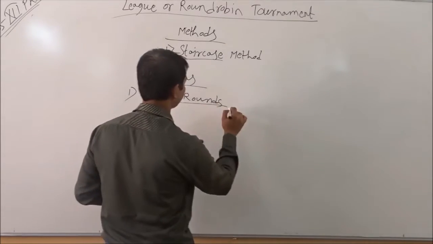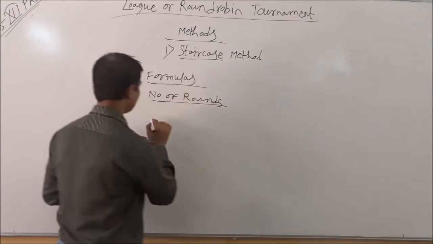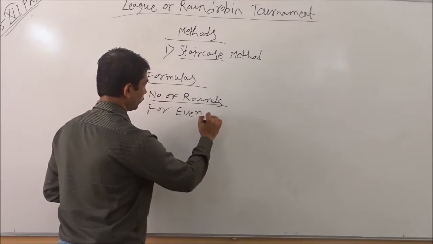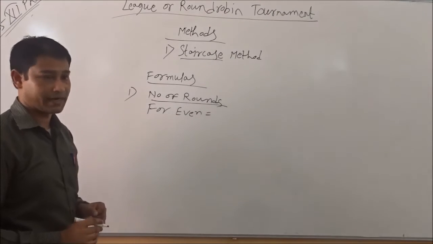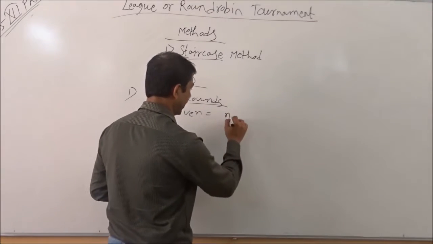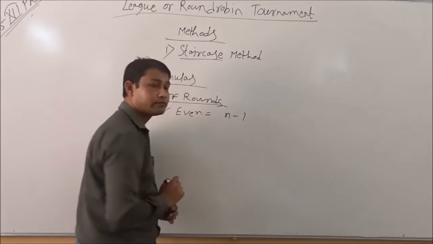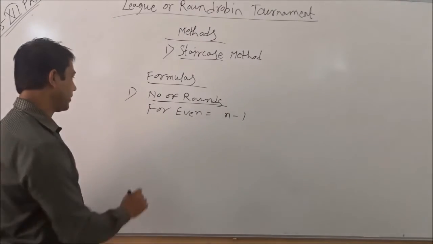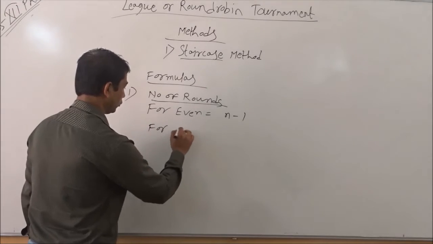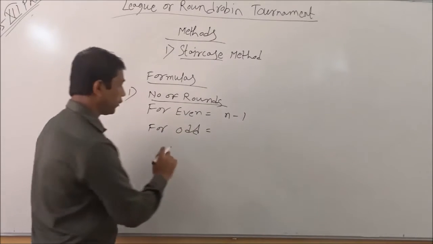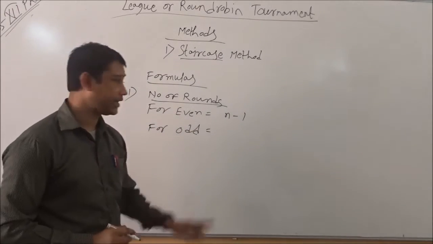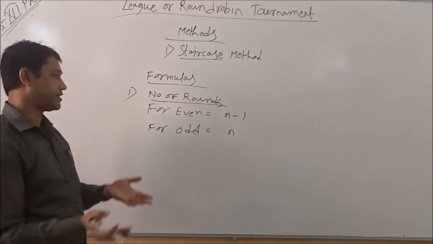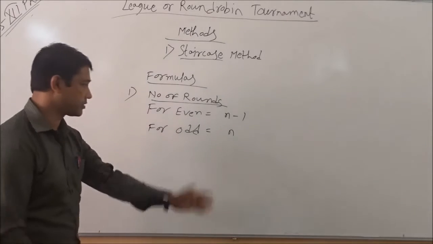Now here, for even number of teams participating, number of rounds would be n minus 1, where n denotes number of teams participating. For odd number of teams participating, the number of rounds would be n. Number of teams participating would be number of rounds.